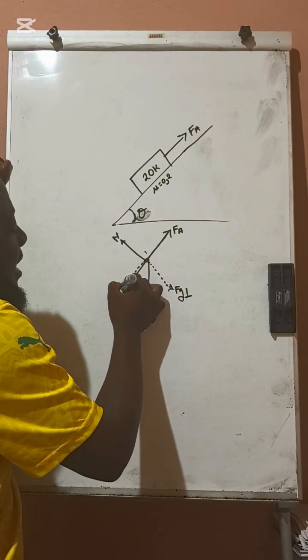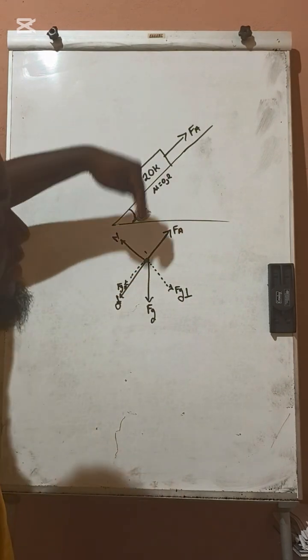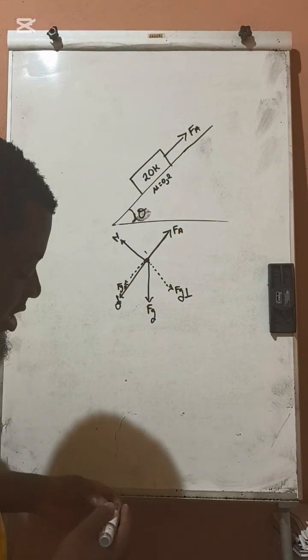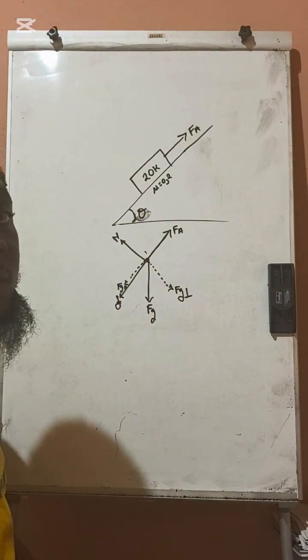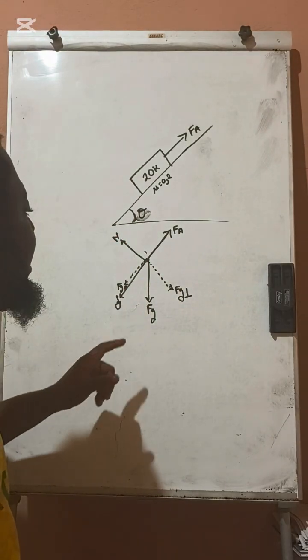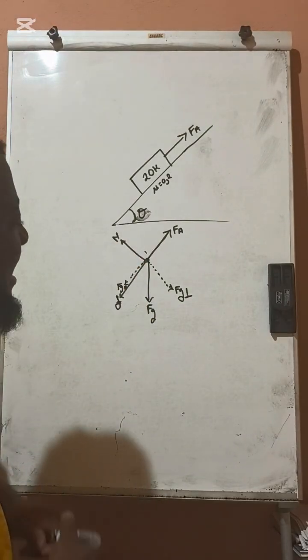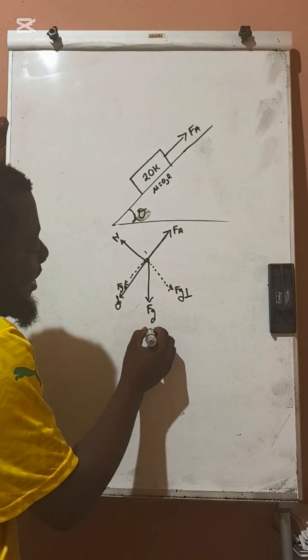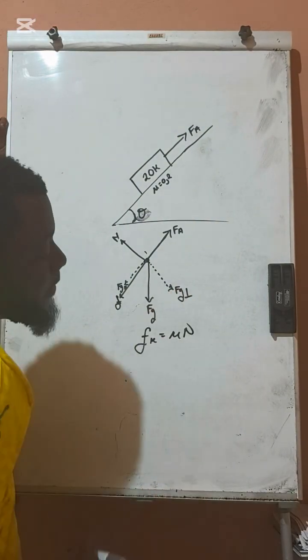And here we will have Fg that is parallel to the plane, the one that causes objects to move backwards when going up an incline or to slip downwards. So that is Fg parallel. Then Fg perpendicular balances with the normal force. That's the reason why, when we are calculating frictional force, you say mu n.